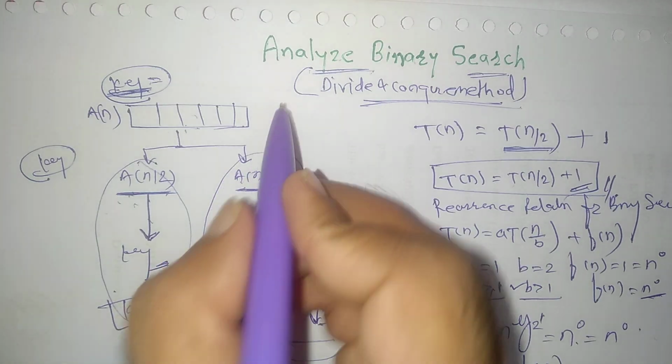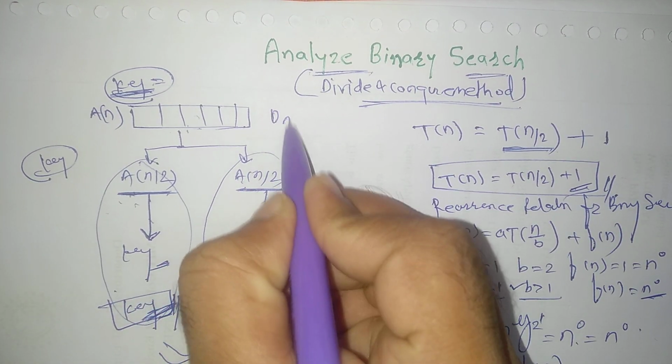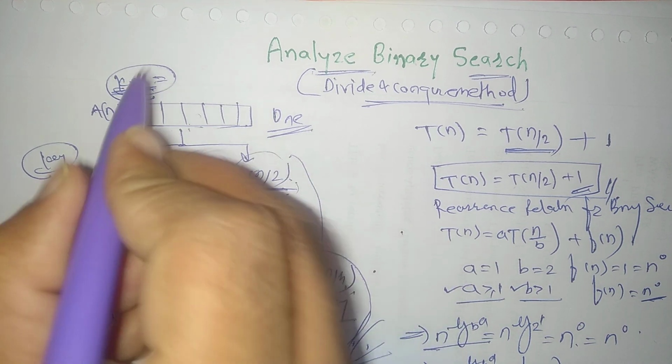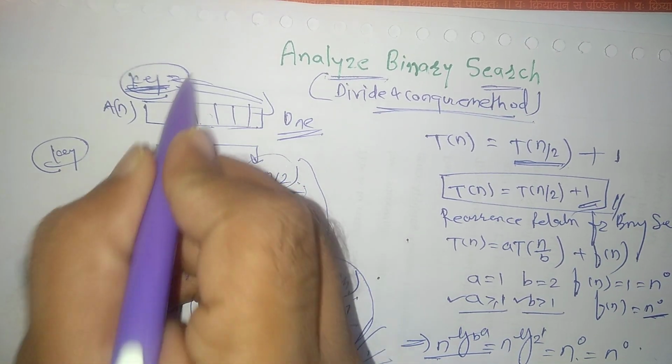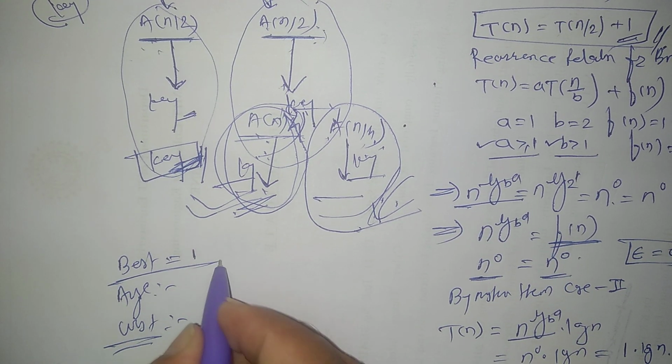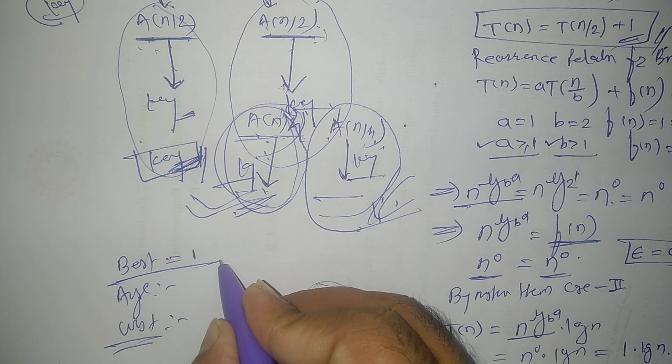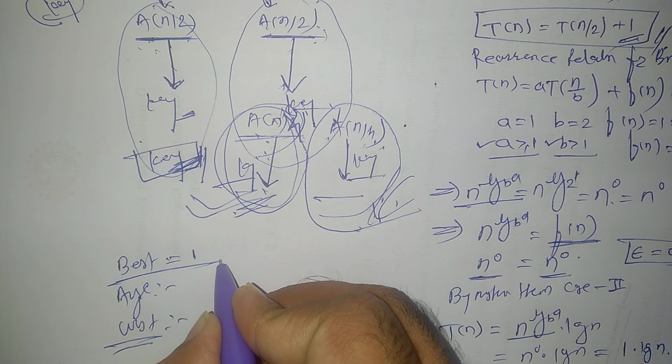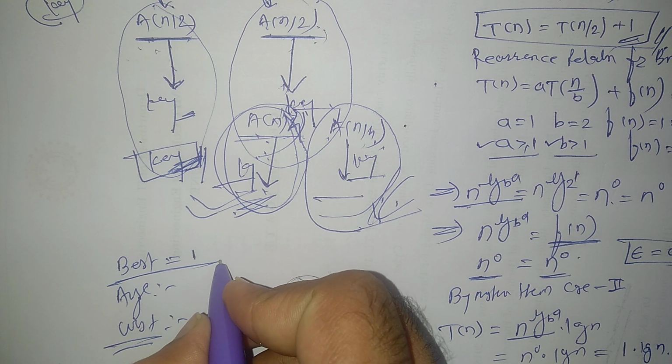How does it come? When my array has only one value and the value is equal to the key value, then my best case is always 1. No need to go into divide and conquer, you can directly find the answer. So that is O of 1.